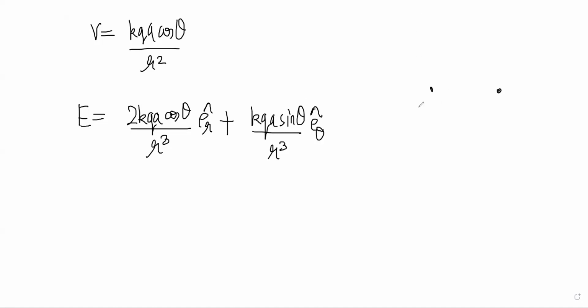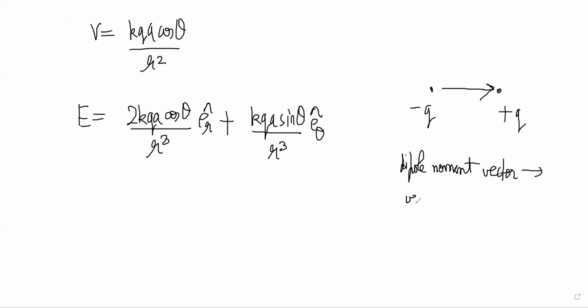There is a term called the dipole moment vector that is defined sometimes. It's a vector from minus q to plus q. Minus q to plus q, that is the direction of the vector.